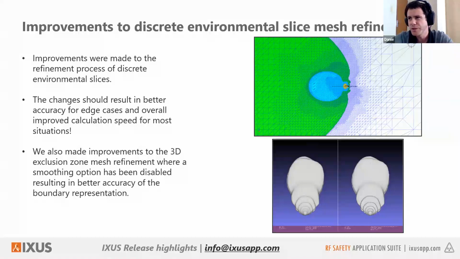For the discrete environmental slices, the results should be more accurate in edge cases, as well as faster for most situations, since the meshing is done a bit more cleverly with this new release. As for the 3D exclusion zones, there was a smoothing option that is now disabled, to also result in better accuracy of the 3D exclusion zone.